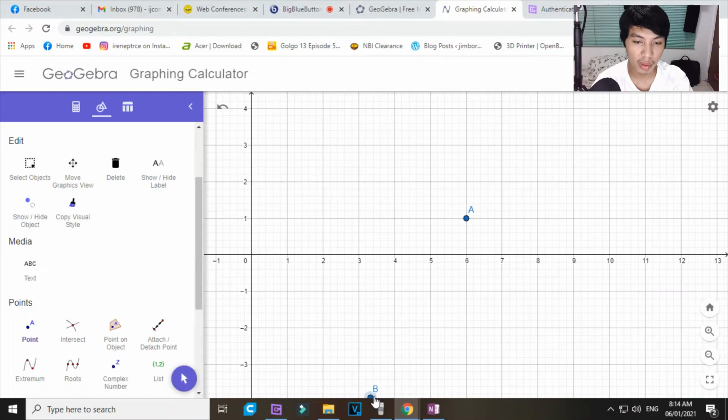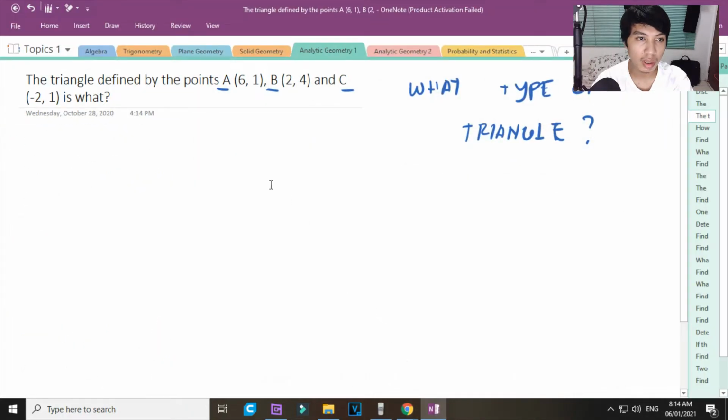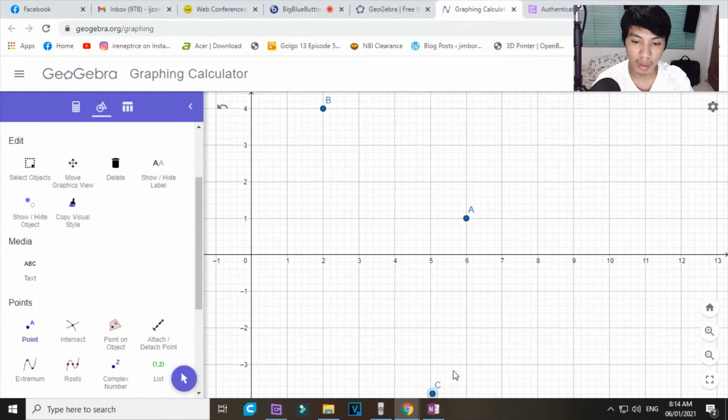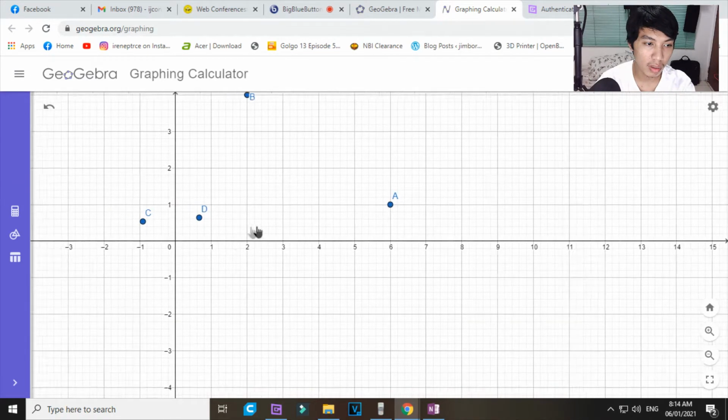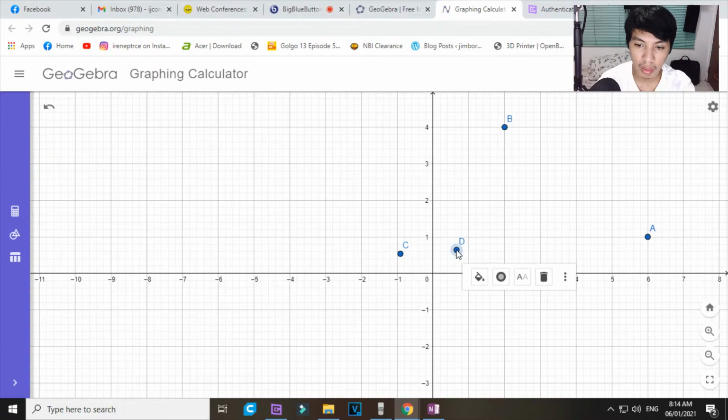Ayan, 2 and 4. Tapos, negative 2 and 1. See? Negative 2 and 1. Delete ito. 2 and 1.